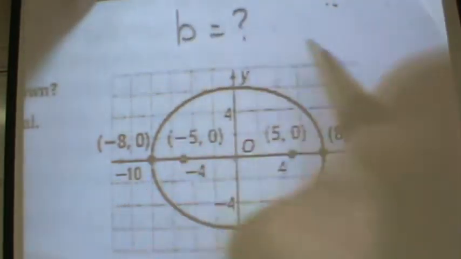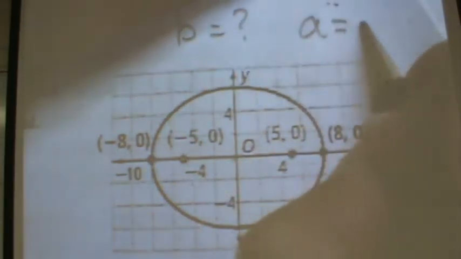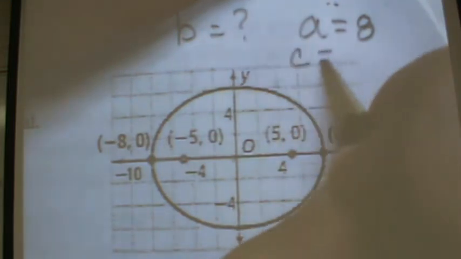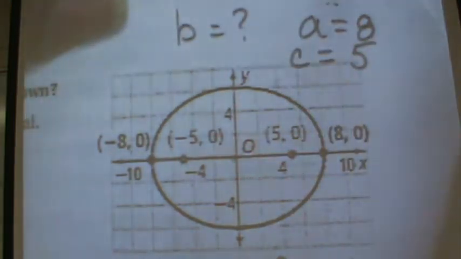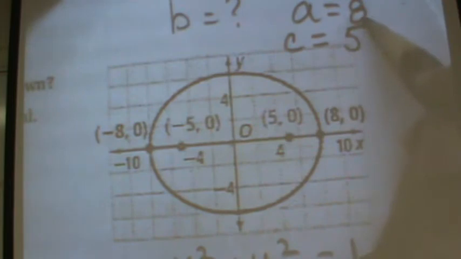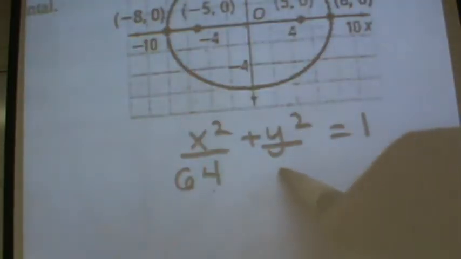B is something we don't know for sure. We know a for sure is 8, and we know c for sure is 5. So you're going to use a squared minus b squared equals c squared to figure out what b is, and b squared is the number that goes here.